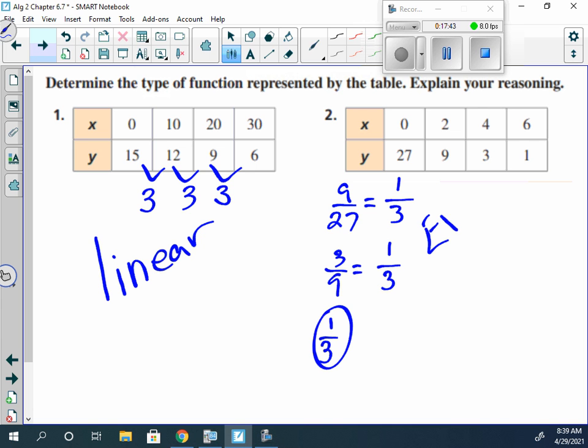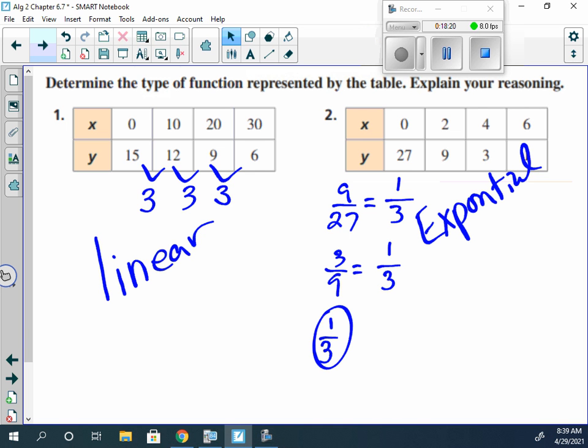So this is... spell it one more time. I think I'm adding an S. Exponential.